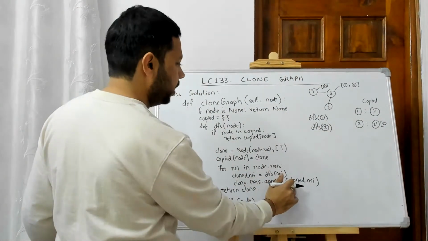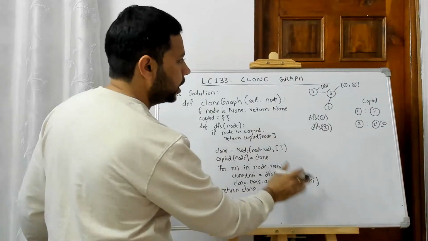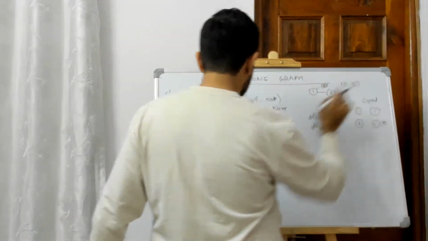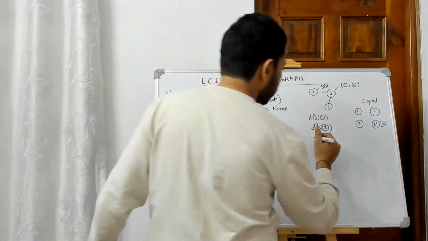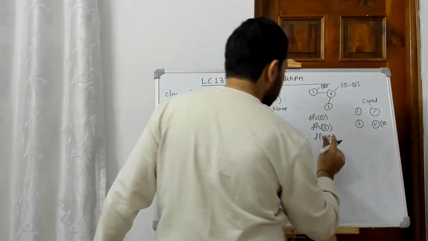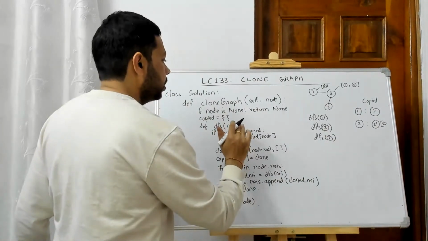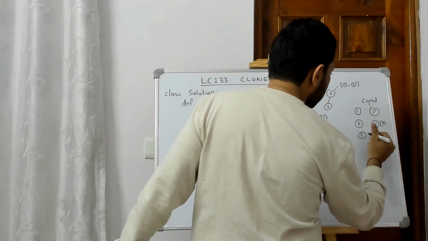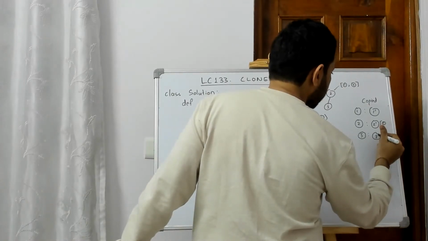You are going to append 1 dash here. Then you go to the next neighbor of 2, which is 3. 3 is not part of copied. You'll do a DFS of 3, and create a copy of 3 like this, 3 dash.